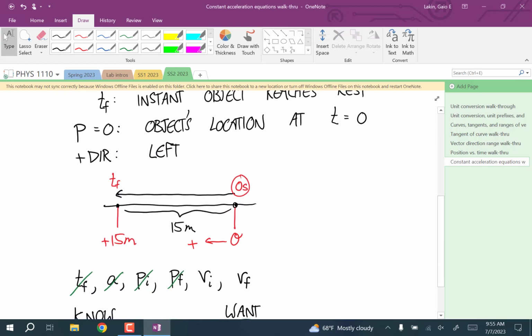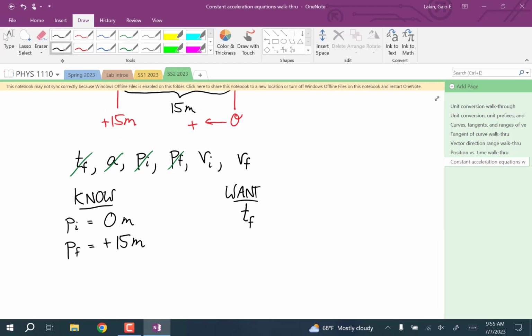That's a speed, so now you also have to think about the direction. Is it moving in the positive or the negative direction at this instant? It's moving to the left, and that's the direction we chose to be positive. So our initial velocity is positive 7.5 meters per second.